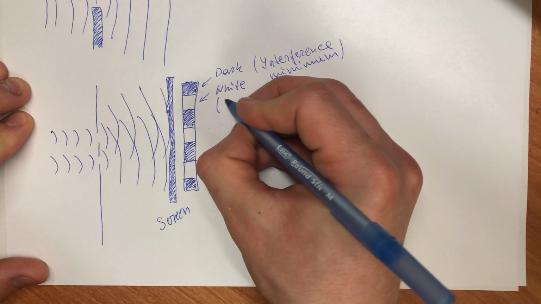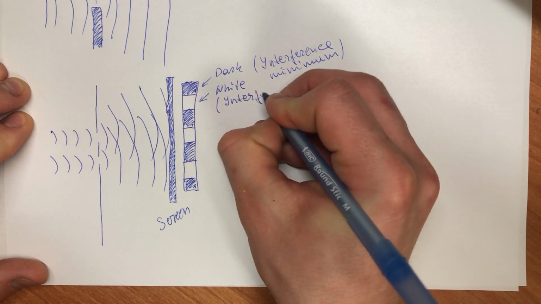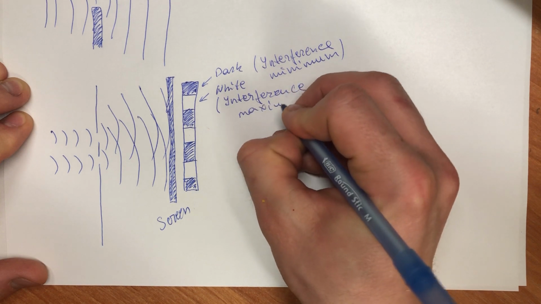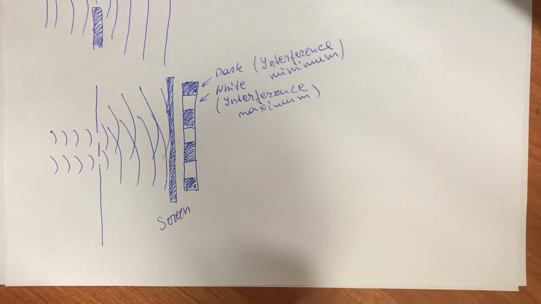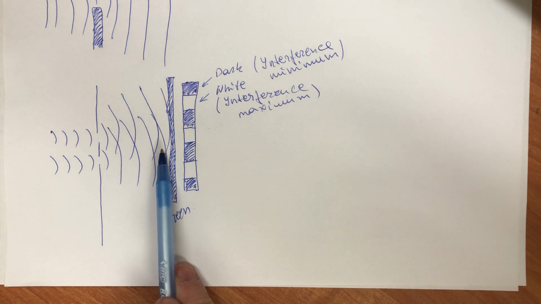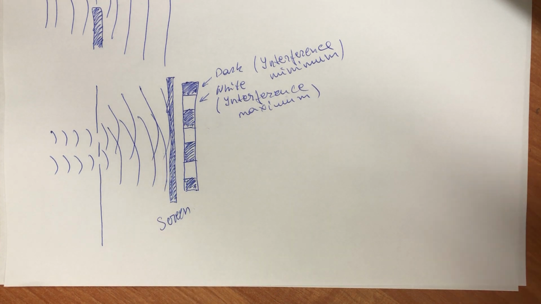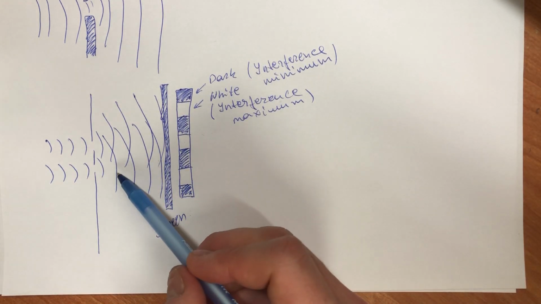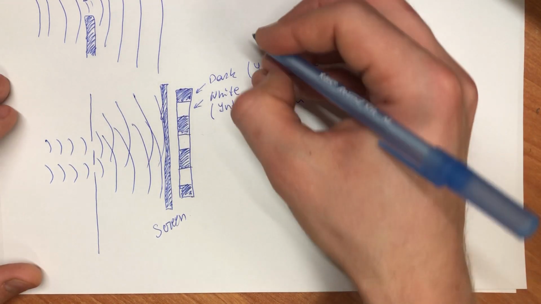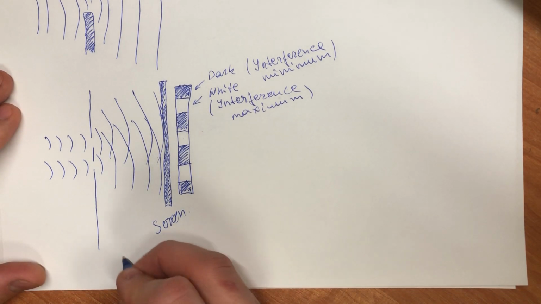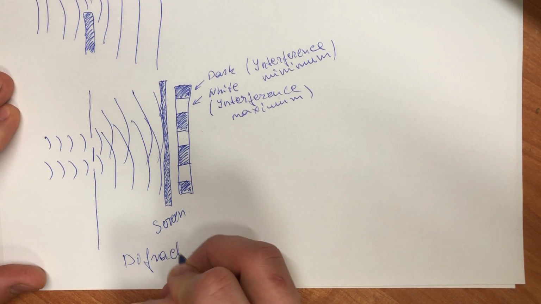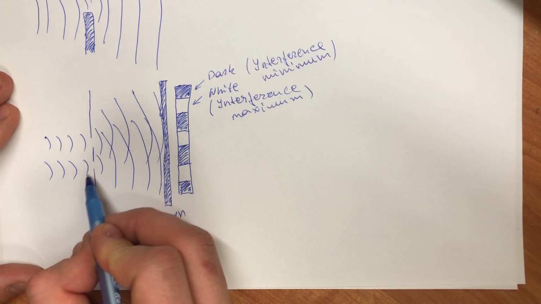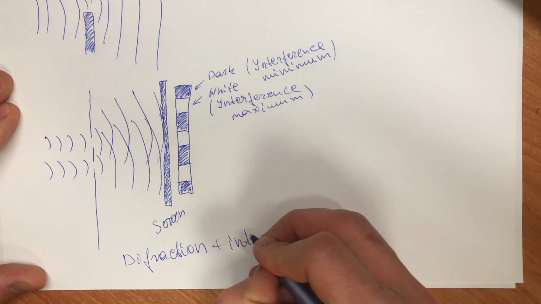When there is white, there is interference maximum. So because when there are two waves, again here like this in this picture, there occurs diffraction. Here occurs diffraction, it goes through, the wave spreads through the narrow opening, diffraction plus interference.